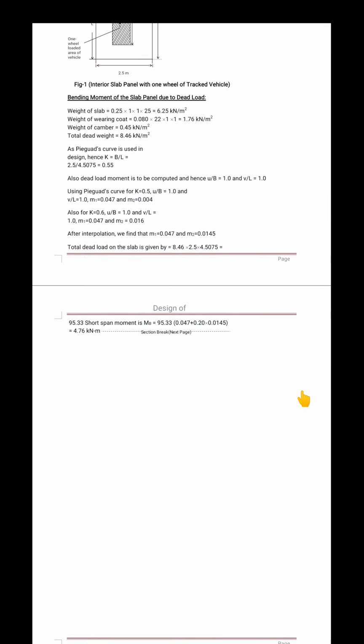So totally what we got? 95.33 kilonewton. How much load we got? Total dead load 95.33 kilonewton.